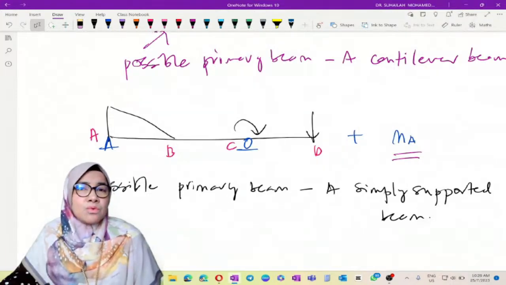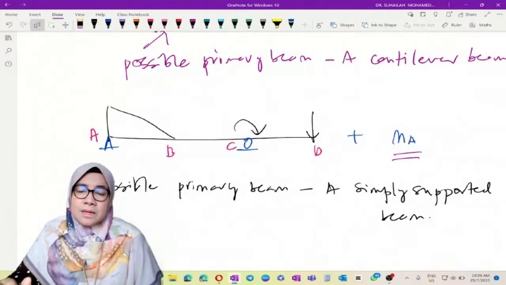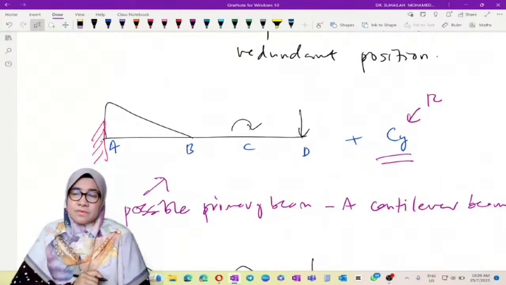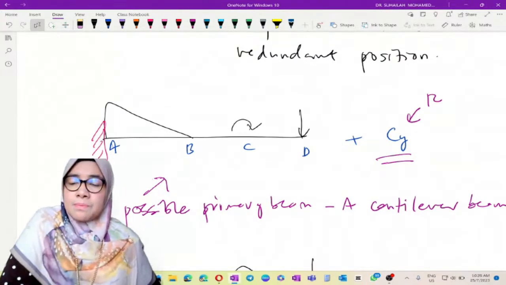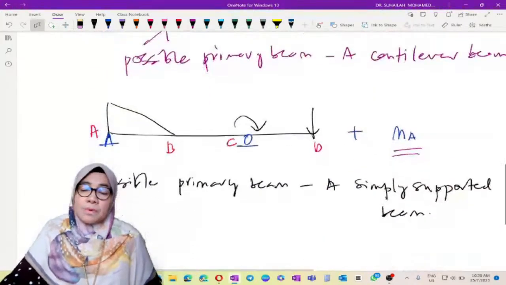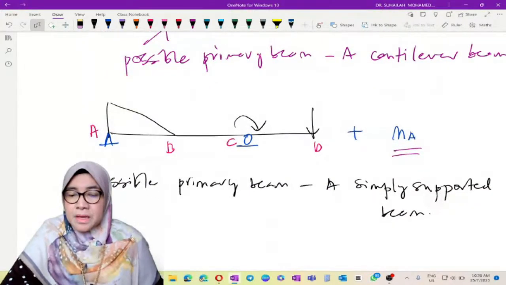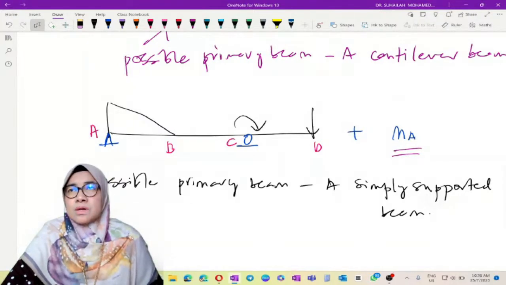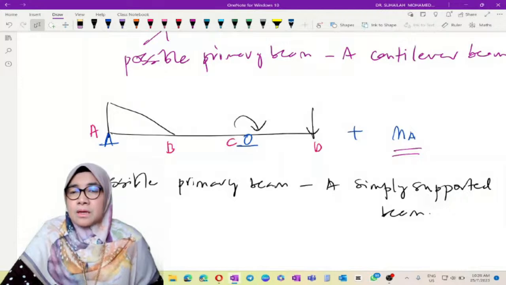Okay, so there are two redundant positions. The first one is at C, and the second one is at A.